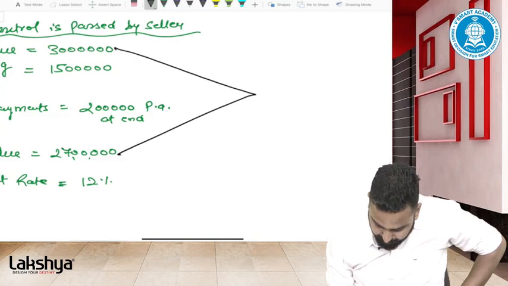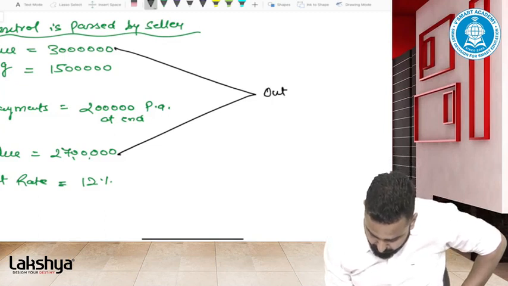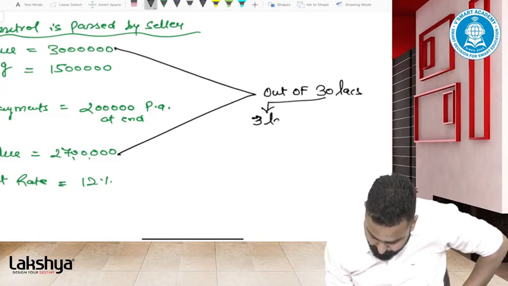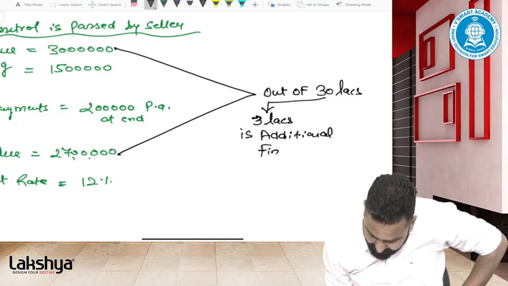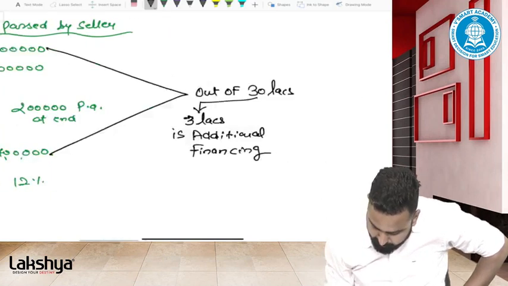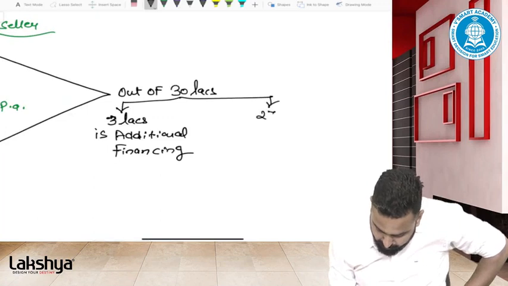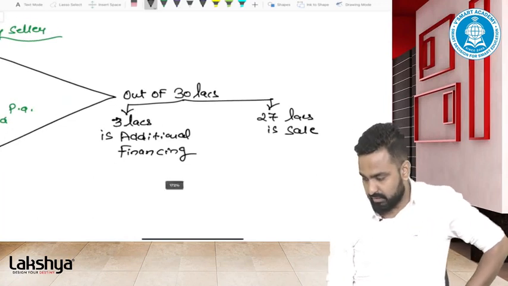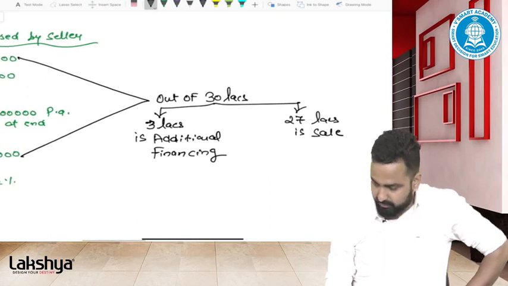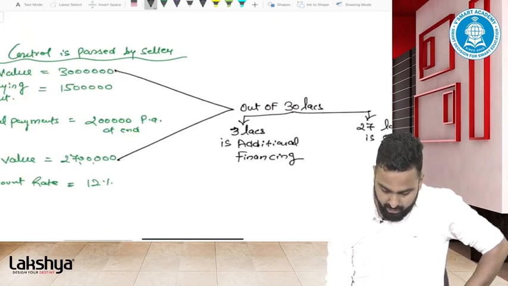So, out of 30 lakhs, 3 lakhs is additional financing. 27 lakhs is sale. Very good Sharad, very good Govind, Riza, very good.